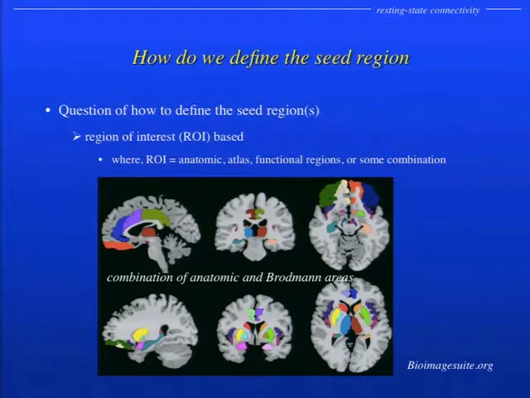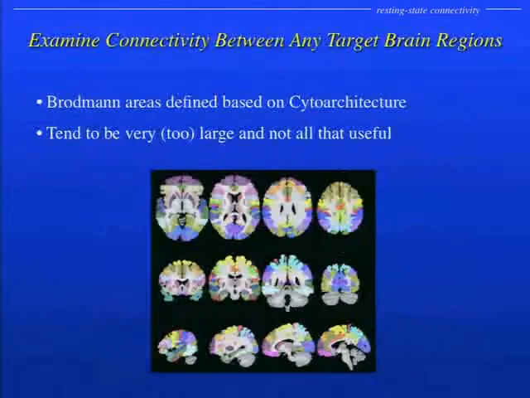We've used a number of different approaches, as have other people. We have used a combination of anatomic atlases, functional regions, and again, the functional regions are limited by the number of tasks you can do that identify functional regions, and/or some combination of these, and I'll talk about each of these a little bit. We've used the Brodmann areas. They're defined online, and you can access those.